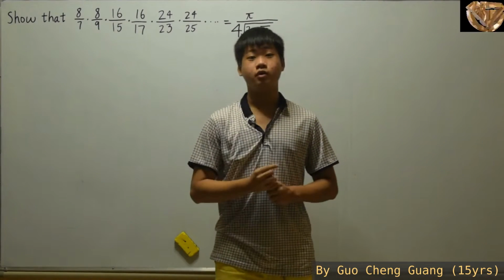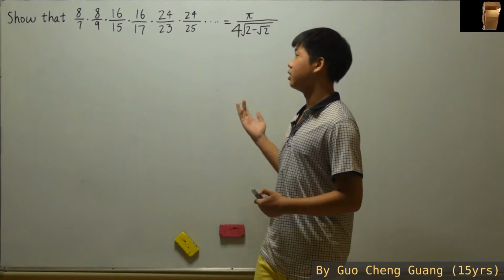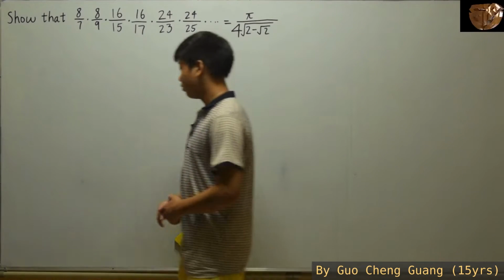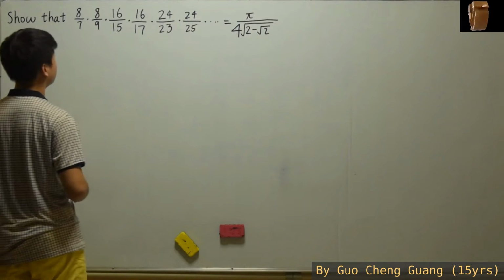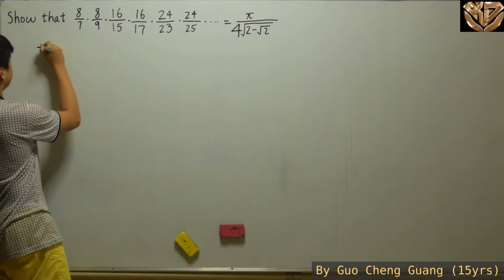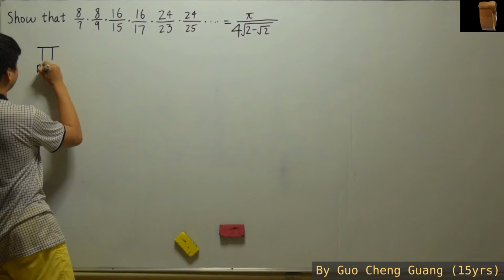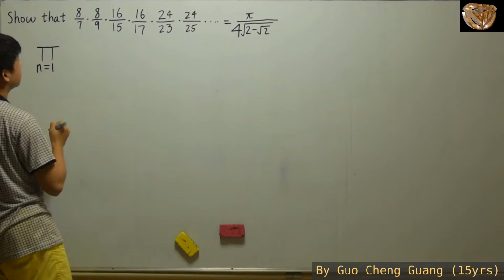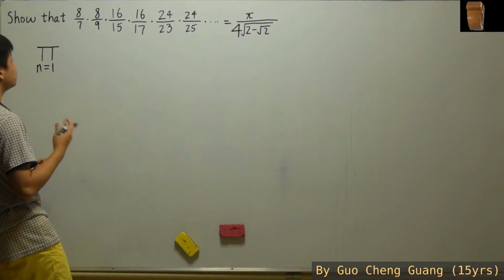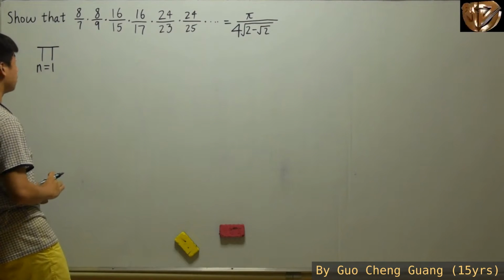Now that we know what kind of pattern this is, we somehow write it into an expression. For these things where you have a lot of terms multiplied together, you would generally like to use the pi notation. Let's say our n starts from 1 and ends at, so at this stage there are 2 ways you can represent what we have up here.